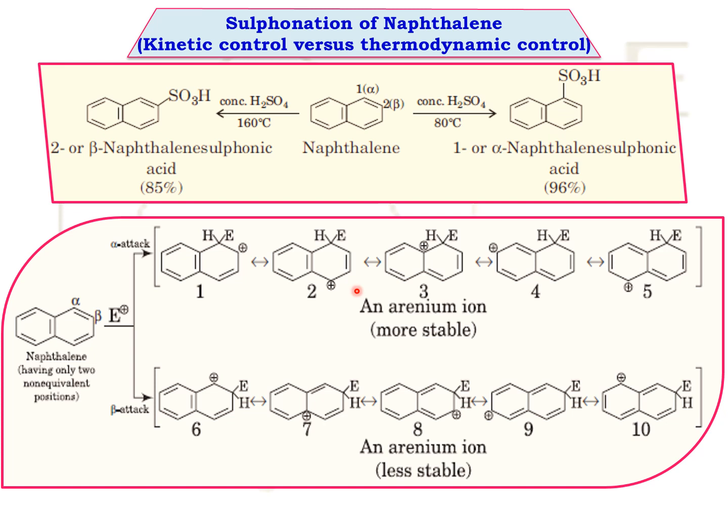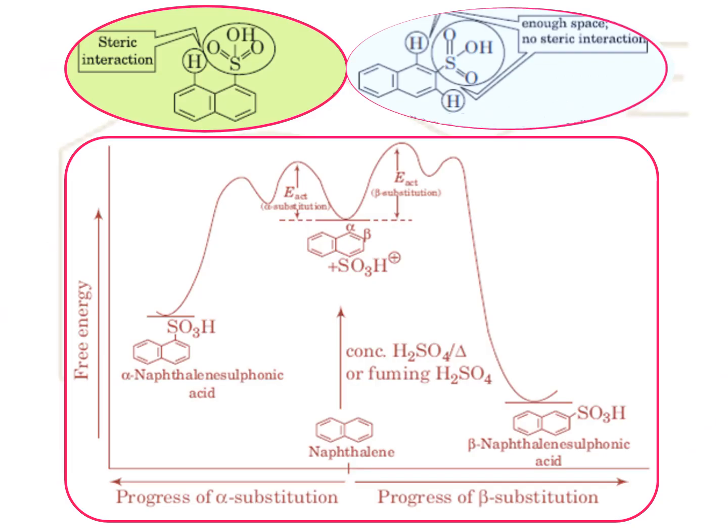Alpha acid is found to be thermodynamically less stable than the beta acid, even though alpha is formed more rapidly. While considering the steric hindrance of the sulfonic acid group at C1 position of naphthalene, it gets hindered with the peripheral hydrogen, that is at C8 position.